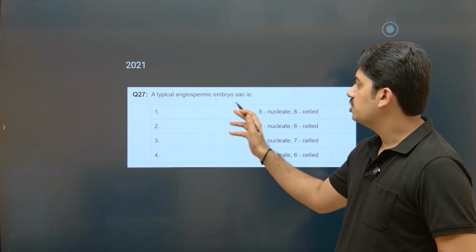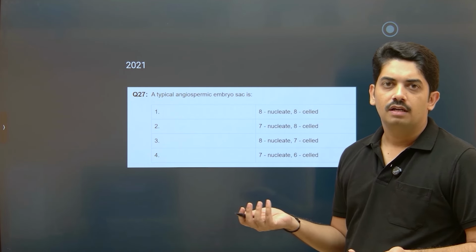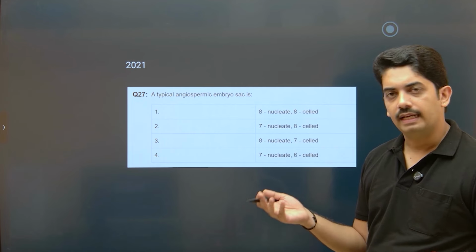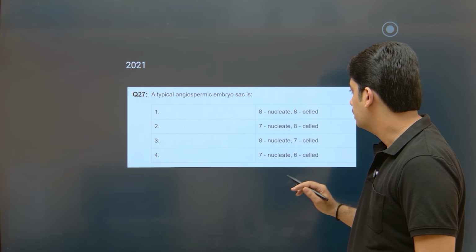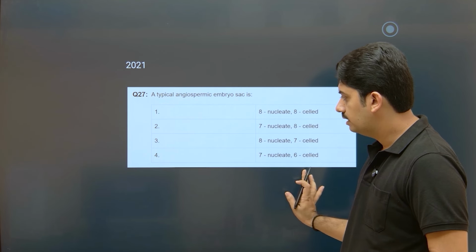A typical angiosperm embryo sac is, again it is a repetition, 7-celled, 8 nucleate condition. 8 nucleate, 7 celled, option 3.